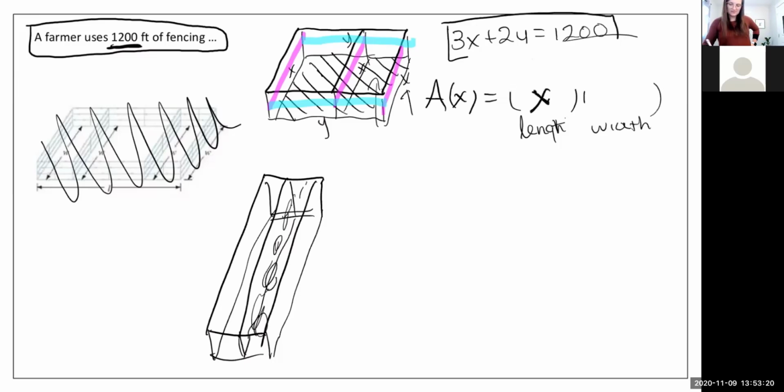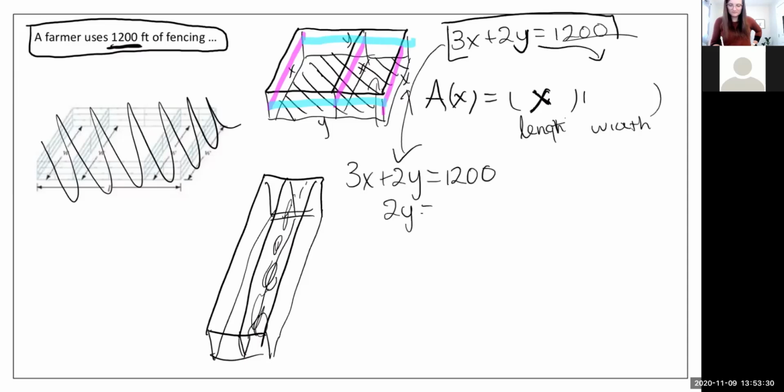If I want X to be the variable, that means I have to solve for Y. Move the 3x over, divide by 2. So y is negative 3/2 x plus 600.